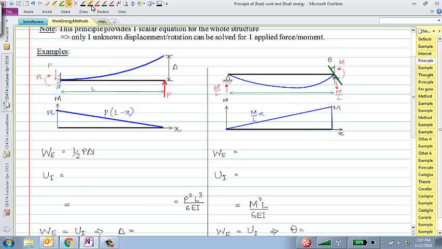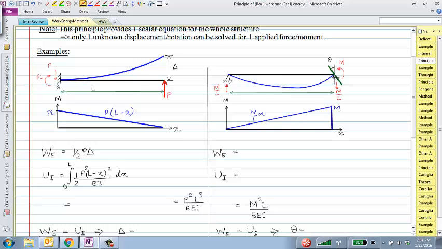So M in this case happens to be P times (L minus x). I'll square that. This is M square over EI, and half is also sitting out there, integral 0 to L dx.